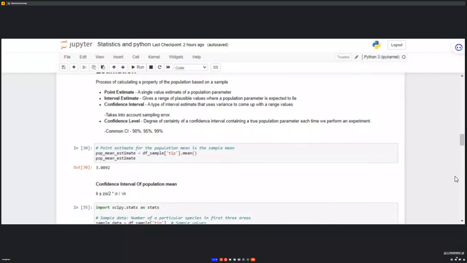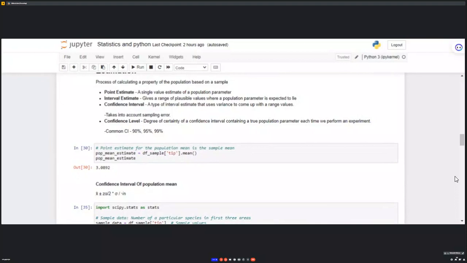For the interval estimate, you calculate a range of values. You calculate the mean, and then you have a margin of error, which can be either plus or minus. An example is when we were doing geometry: when you're drawing and getting your measurements, you're given a margin of error of either plus or minus 1.